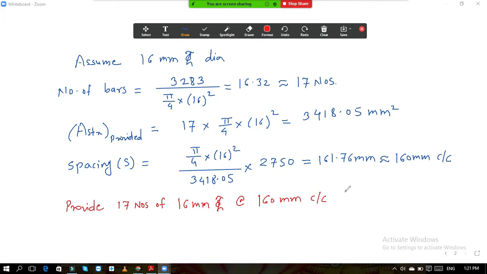This is along x direction because we have calculated steel in x direction. Along means parallel to x direction.